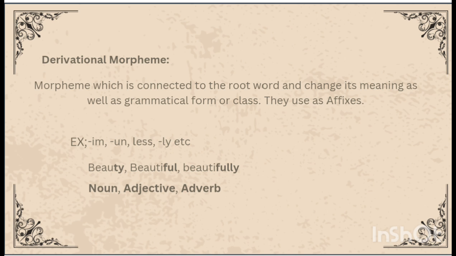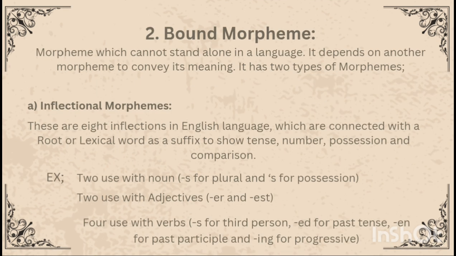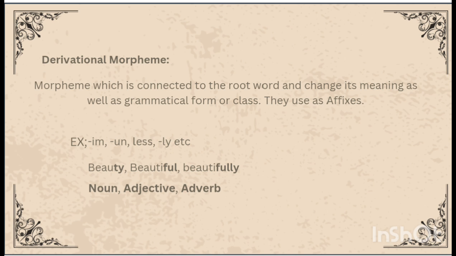For example, in beauty, the -ty is a derivational morpheme. In beautiful, the -ful is a derivational morpheme, and fully too. Have you noticed one thing? In the previous slide, the inflections were used to change the meaning or the tense of the word, but derivational morphemes help to change the grammatical form or class of the word.